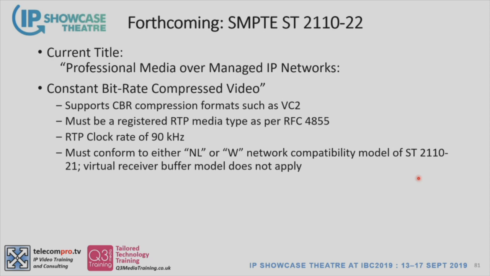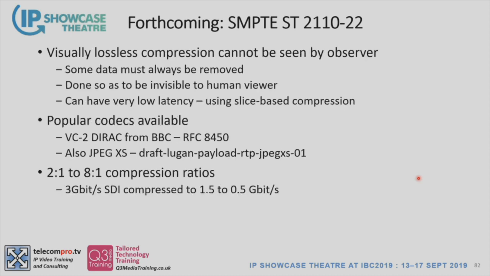A couple new parts of ST2110. ST2110-22, professional media, constant bitrate compressed video. So keyword constant. Typically, this standard is designed for visually lossless compression. The one that's totally released today is VC2. That's the Dirac codec that was pioneered by the BBC a number of years ago.